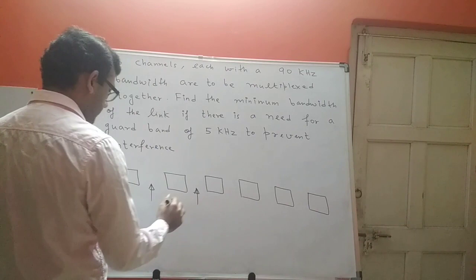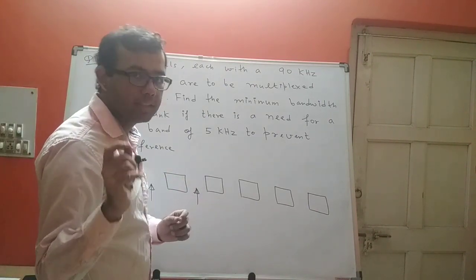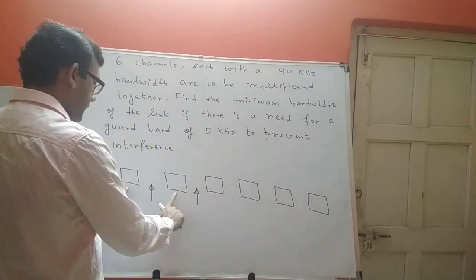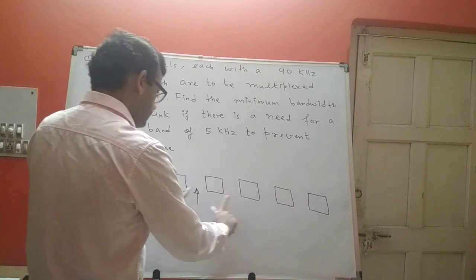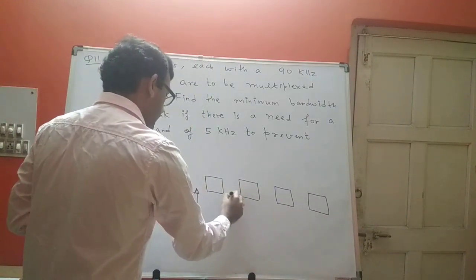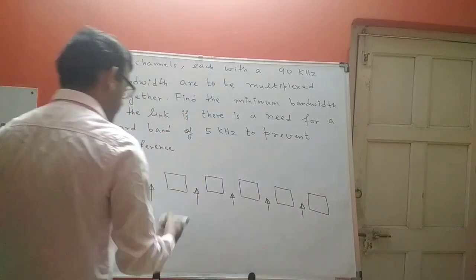There has to be a guard band between every pair of adjacent channels. What are adjacent channels? Channels which are side by side. So I need a guard band between these 2 channels, between these 2, between these 2, between these 2 and between these 2. So I need to insert guard bands between adjacent channels, placed side by side, one after the other.